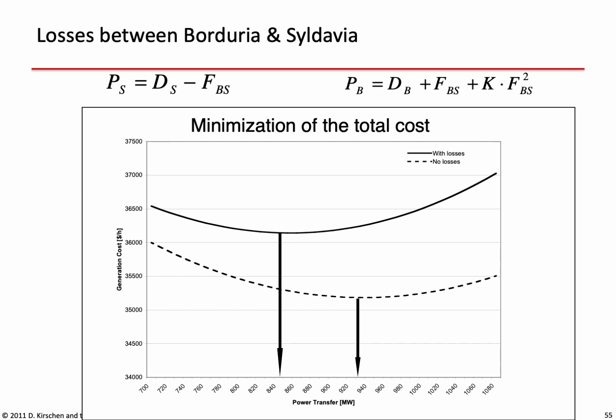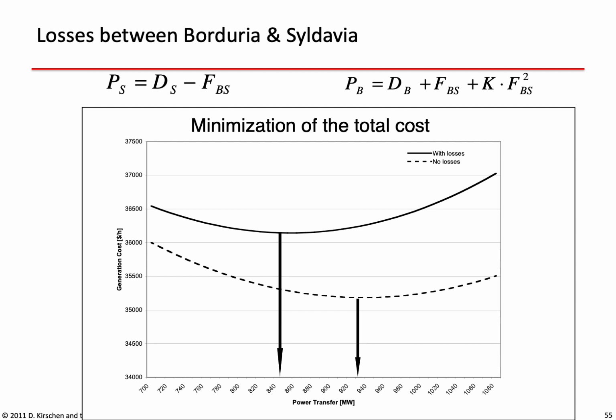Now, if we plot the total generation cost, so that's the cost of producing PS and producing PB, where PS is accounted for with the cost in Syldavia and PB with the cost in Borduria, we saw that the amount that should flow through the line went through a minimum around 933 megawatts.